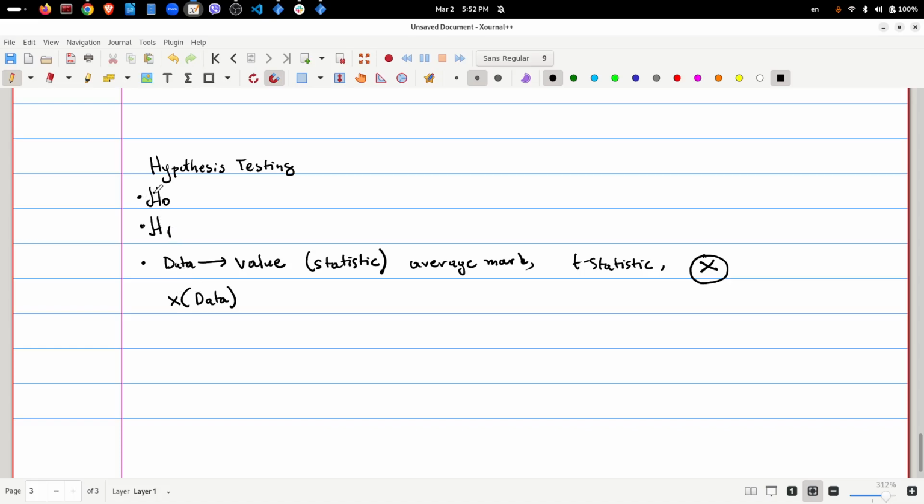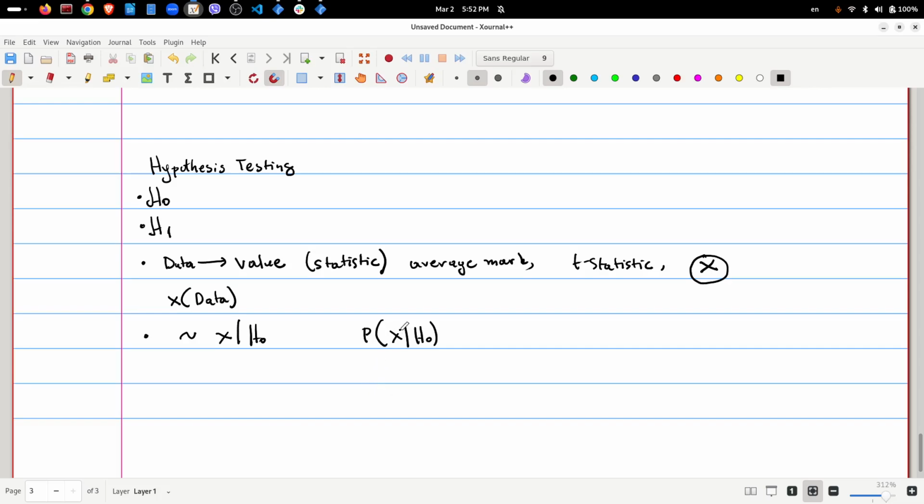And then, having these components, we calculate the distribution of x, so how x is distributed given the null hypothesis. So we have the probability of x given null.